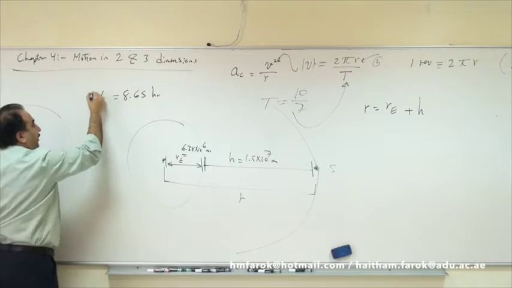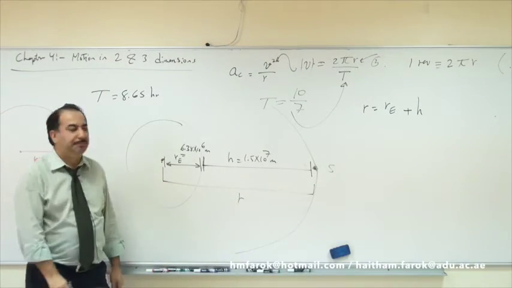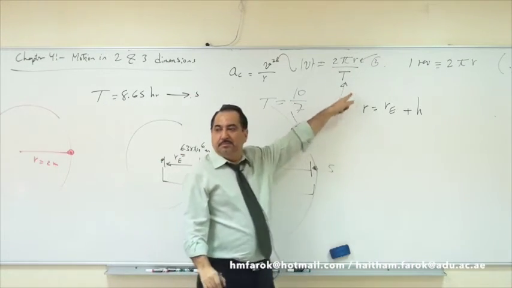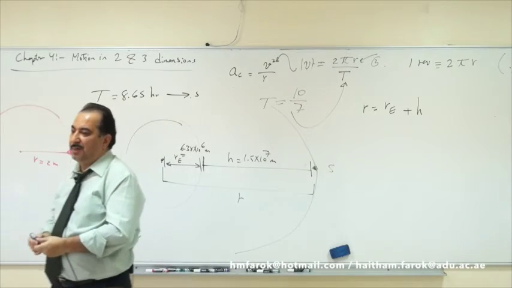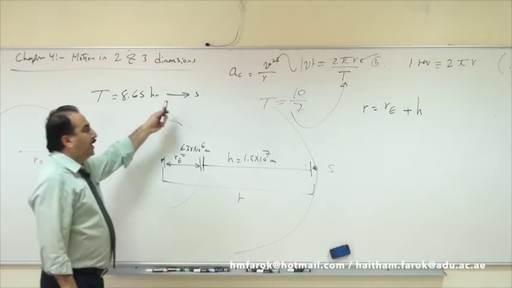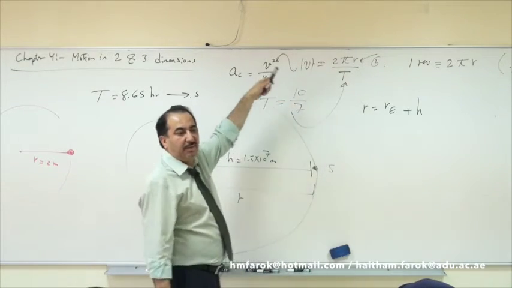Hours. This is the period, time for one cycle. Change it to seconds. Remember, one hour is 3,600 seconds. So change the period to seconds. Put the period here. The radius is given. Find V. Put V here.